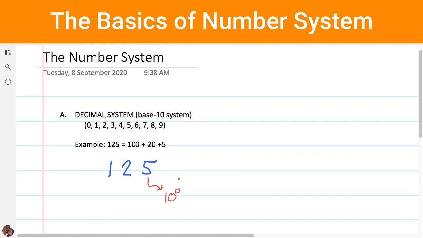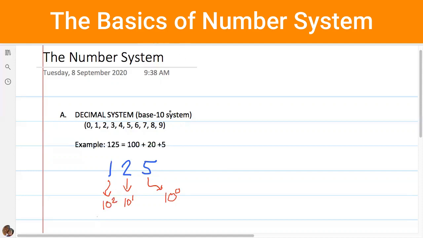Ones can be represented by 10 raised to 0. The place value of 2 is 10, which is represented by 10 raised to 1. And the place value of 1 is 100, which is represented by 10 raised to 2.